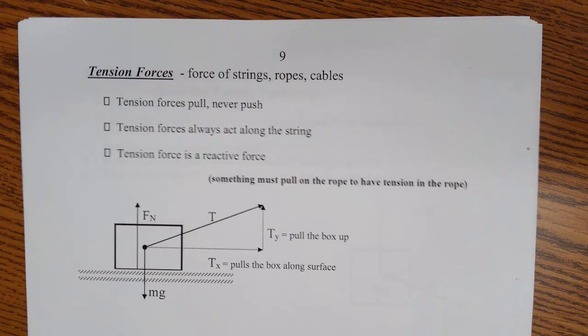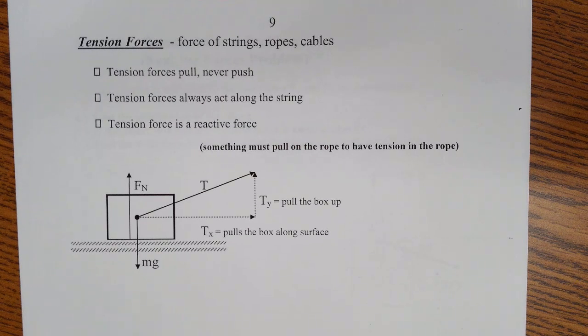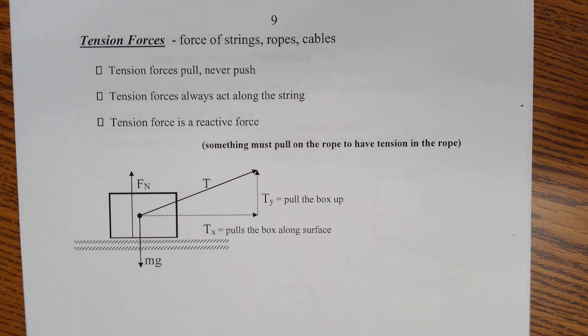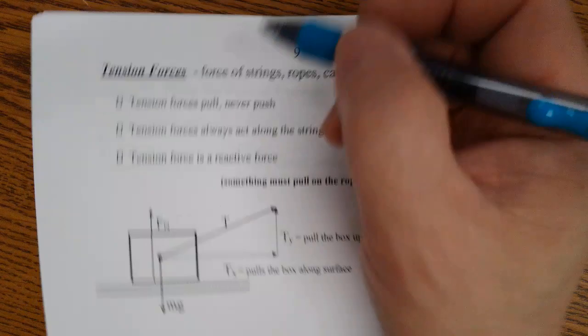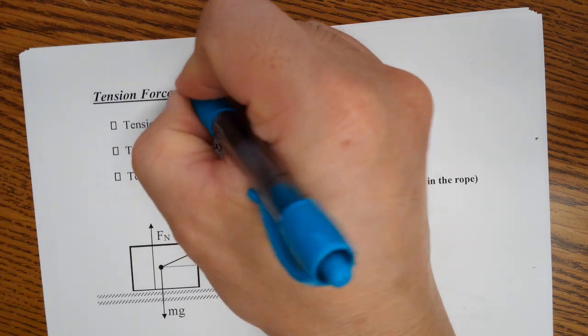All right, so let's take a look at the next common force, which is the tension. Tension force, or force caused by strings, ropes, cables, etc. It is actually a pulling force.